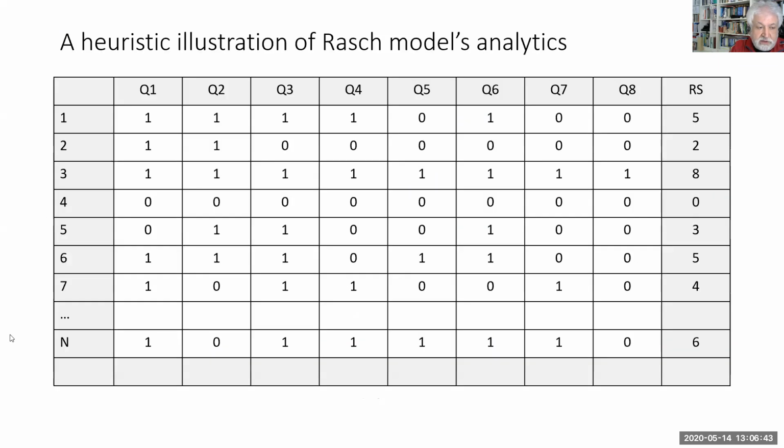So having said that, my heuristic illustration of the Rasch model has two purposes. One is to test your ability to understand the rationale behind the Rasch model, and so why it makes sense that we can use responses to these questions to determine the most likely position of a respondent on this scale of severity.